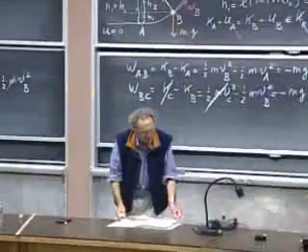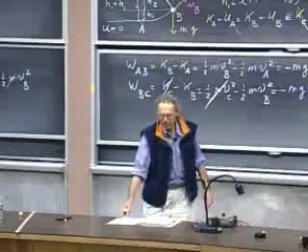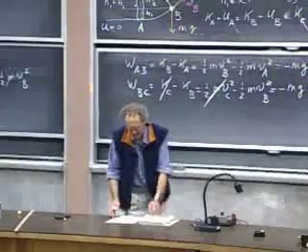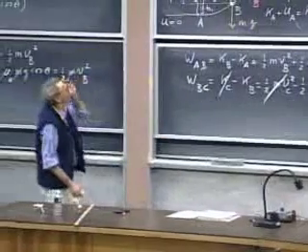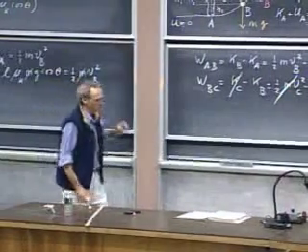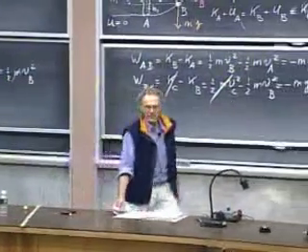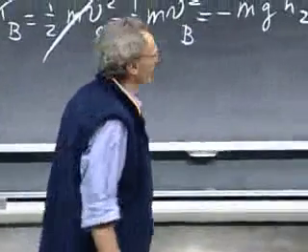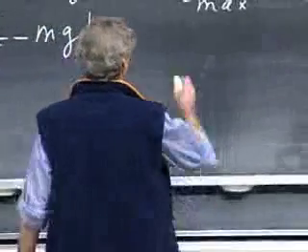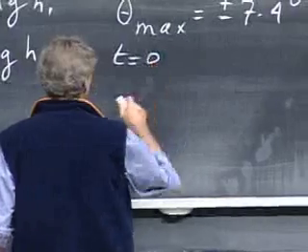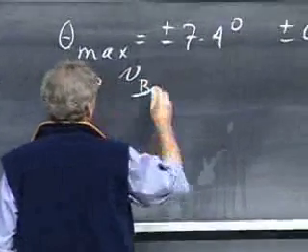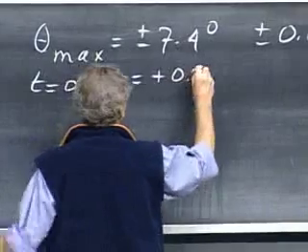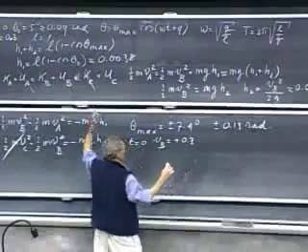And so now you can ask yourself the question, what is phi? Phi is always a bit of a pain in the neck, and there is really not all that much physics in phi. But I was sort of curious for these initial conditions what phi would be. And so let's just take a quick look at that. And so if we want to know what phi is, we have to look at the initial condition that at t equals 0, the velocity at point B is plus 0.3 in this direction.